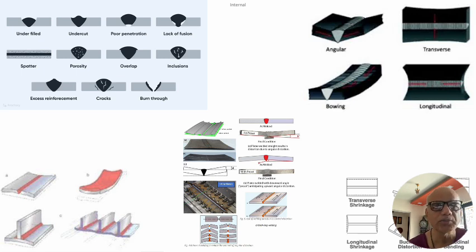If you try to join them together in a larger gap after a burn through, the weld metal will be very thin, and that thin material, while it is cooling down, the shrinkage cracks, it will not be able to sustain and it will crack.